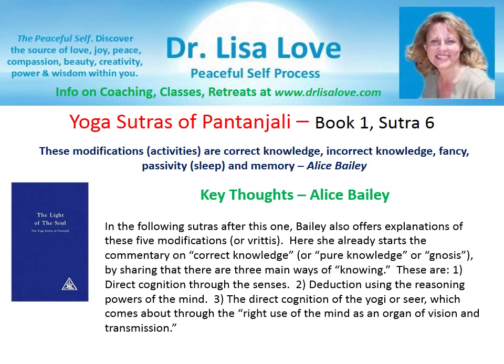Correct knowledge or knowing is through direct cognition through the senses. Those are the 5 senses that we have in our body. Or 2, deduction using the reasoning powers of the mind. Or 3, the direct cognition of the yogi or seer, which comes through the, quote, right use of the mind as an organ of vision and transmission.